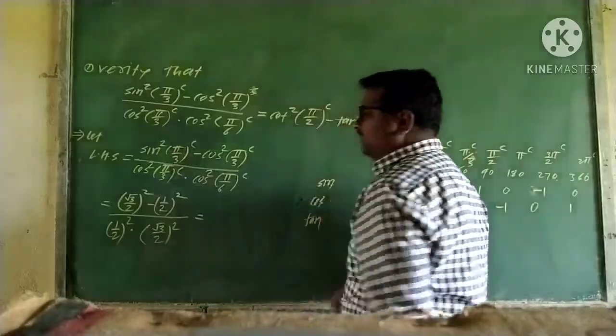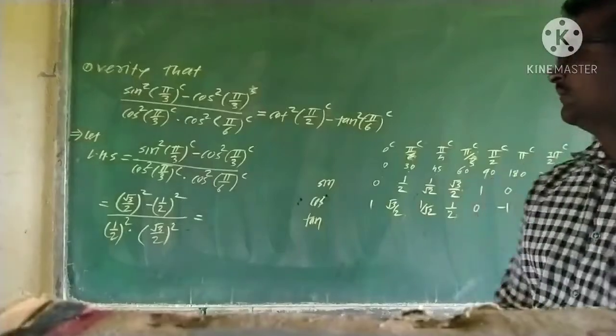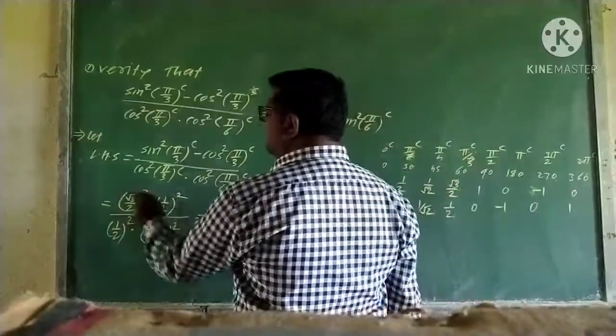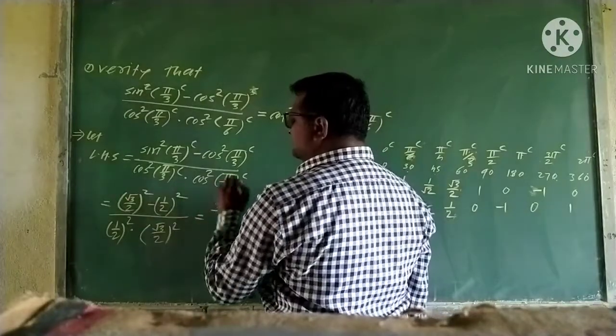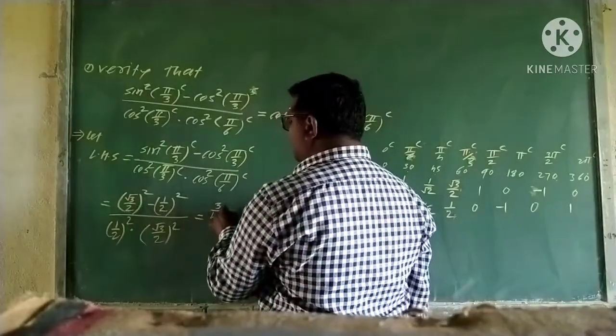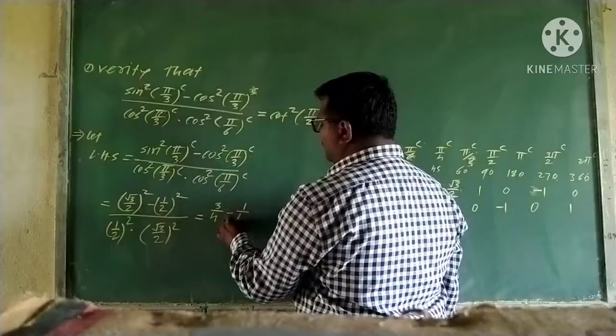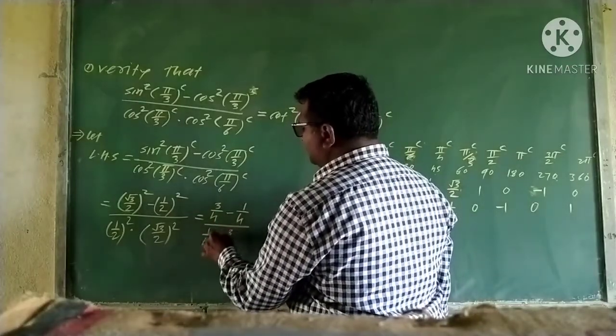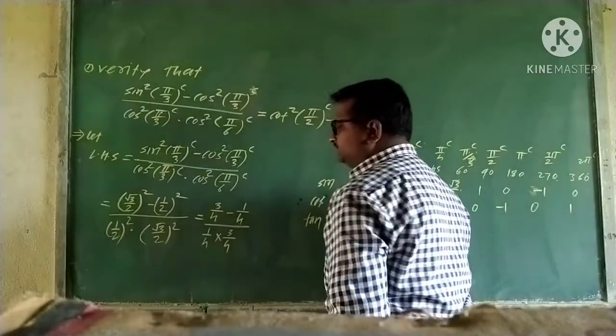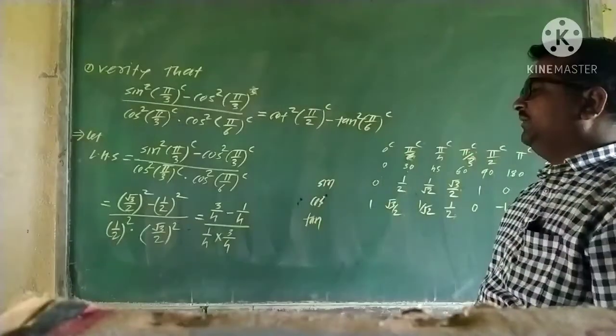Now we are equal to square root 3 divided by 2, its square: square root 3 squared is 3, 2 squared is 4, minus 1 upon 4, divided by 1 upon 4 multiplied by 3 divided by 4.